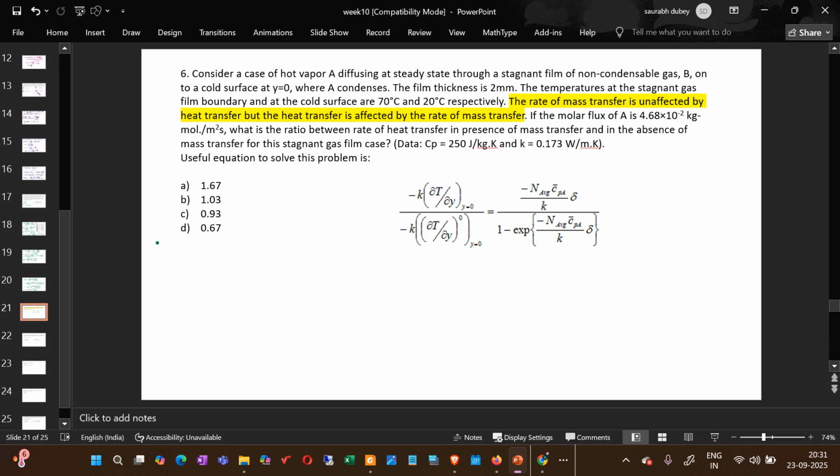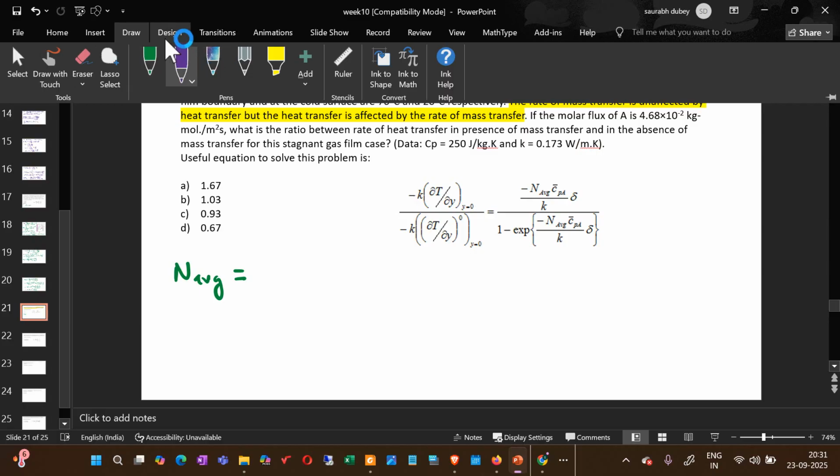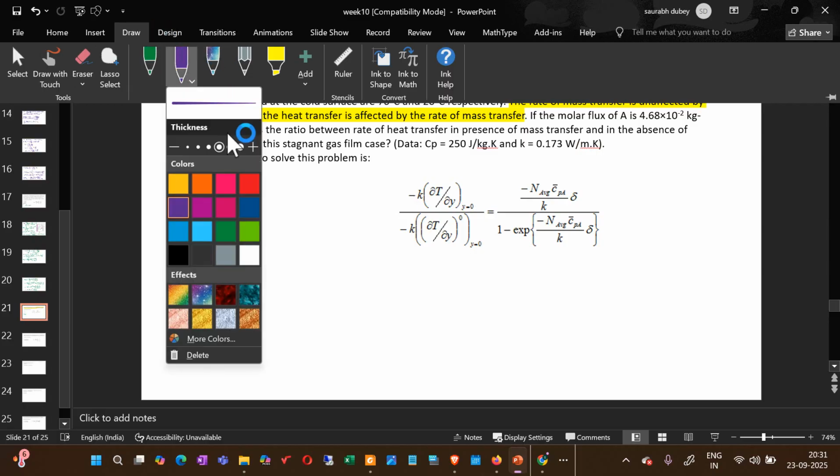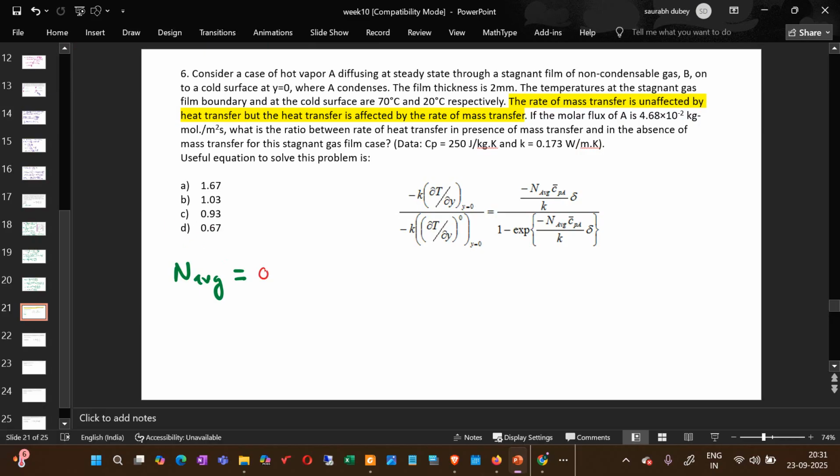Here, N average equals to what? 0.0468, right? 0.0468 kg mole per meter square.